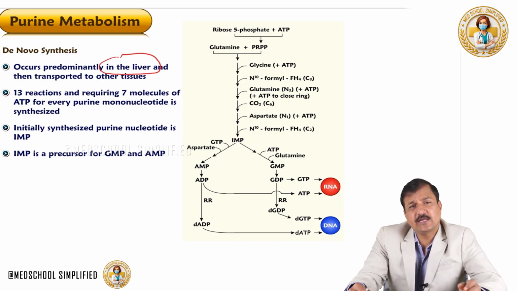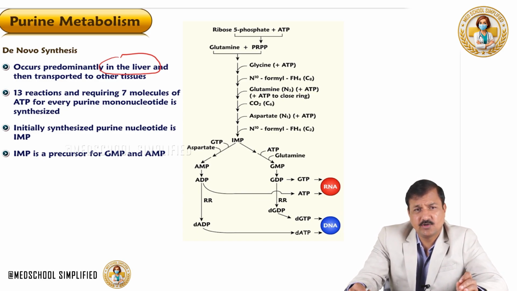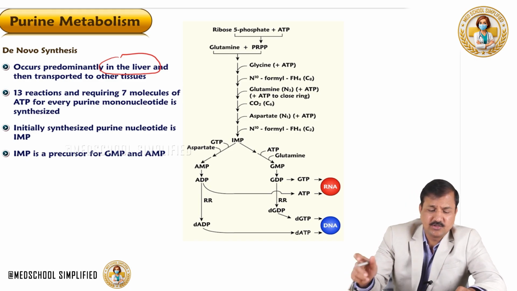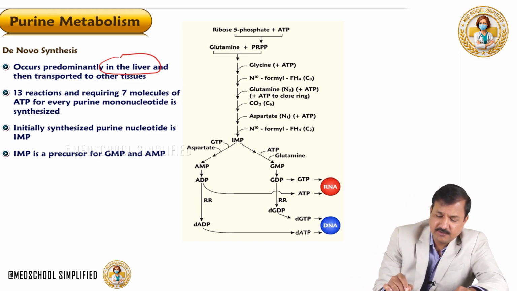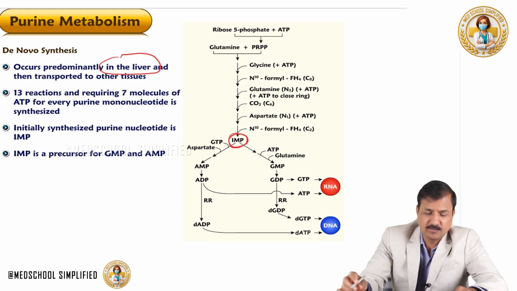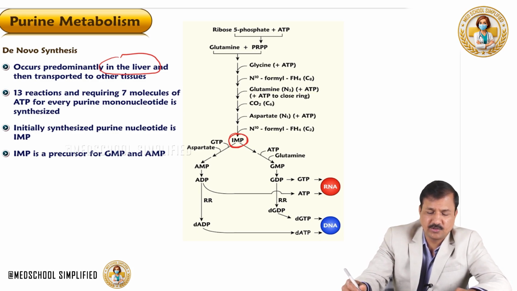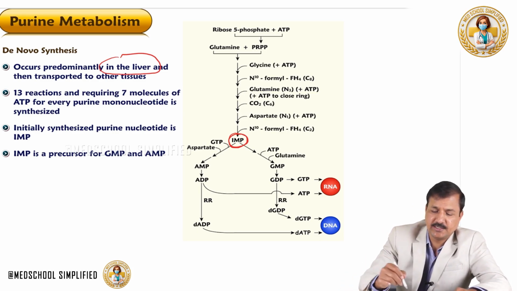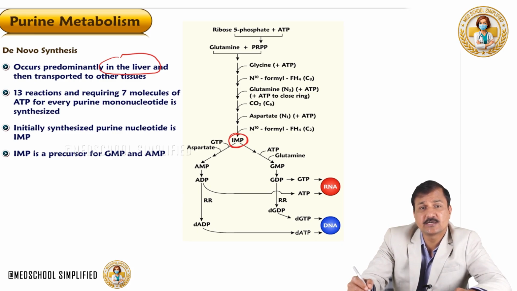There are 13 reactions in de novo biosynthesis of purine nucleotide, and with those 13 reactions, it will be giving only up to inosine monophosphate. So up to the formation of the purine mononucleotide, inosine monophosphate, it needs 13 reactions and 7 ATP.